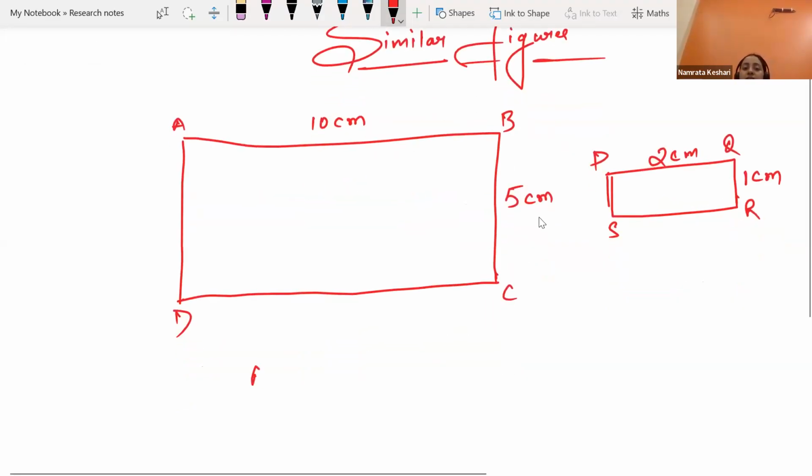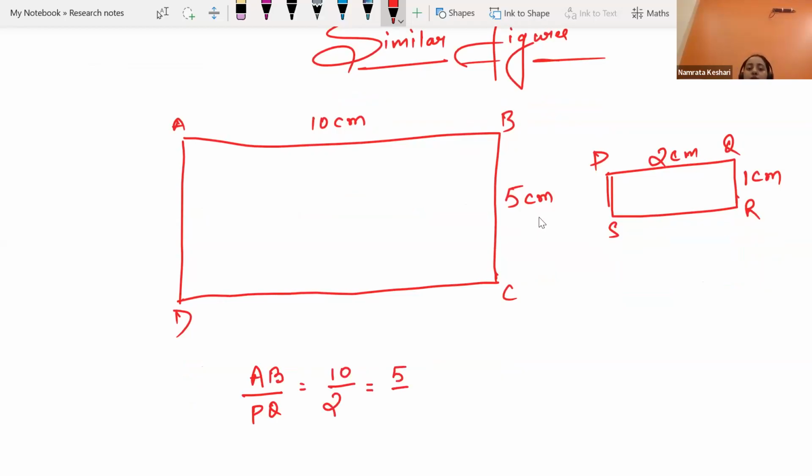What is that particular condition? The condition is AB over PQ. When you find it, what are you getting as the ratio? Let's check it. AB is 10 centimeter and PQ is 2 centimeter. What are we getting as the ratio? 5 is to 1, right? Yeah, 5 to 1. Now similarly, if we find BC is to QR, what will we get?